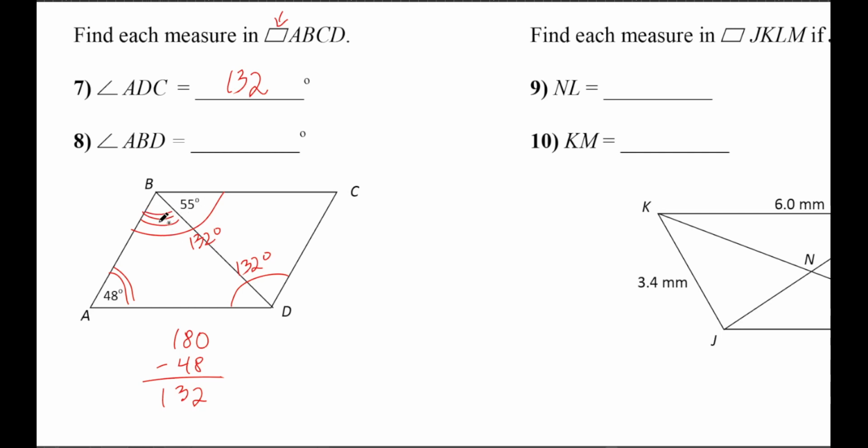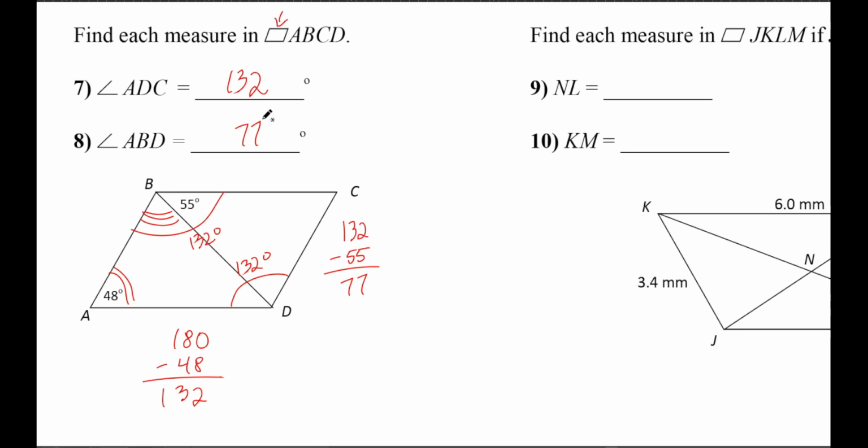What about this little angle right here? If I know the whole thing is 132 and I know this is 55, how do I find this angle right here? From 132, that's right. So I'm going to go 132 minus 55. And that would be what? 77. All right? And that's what that angle is, 77 degrees.